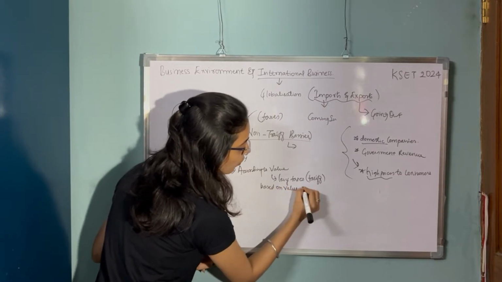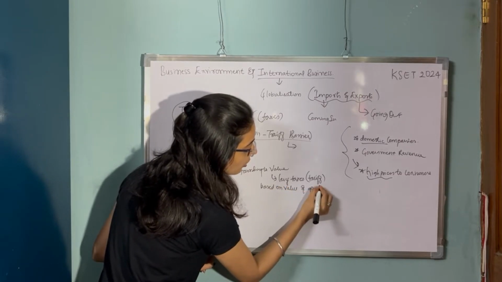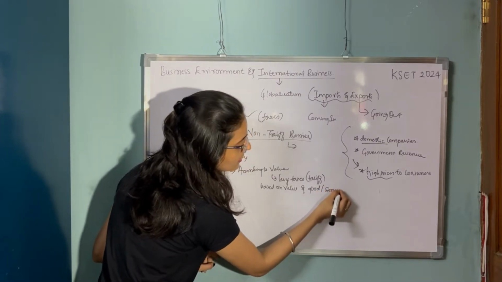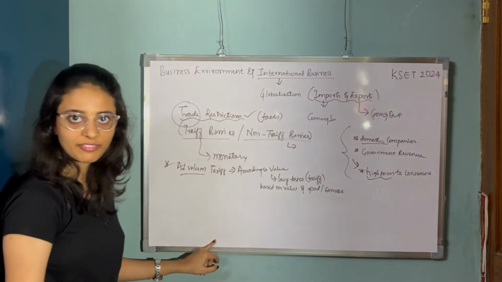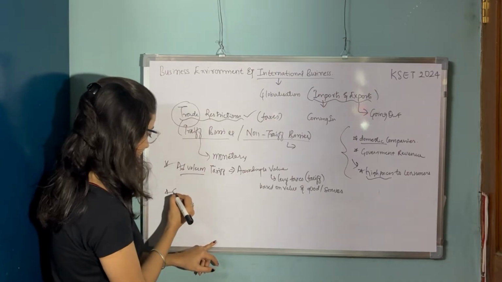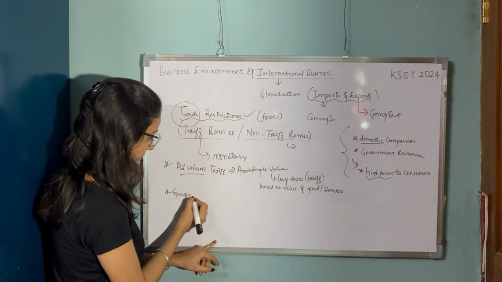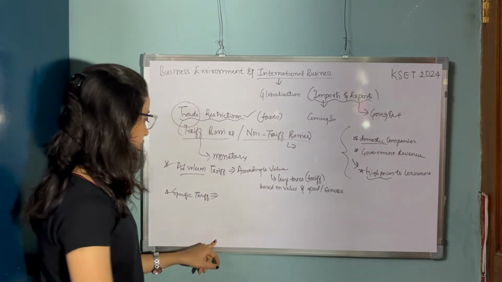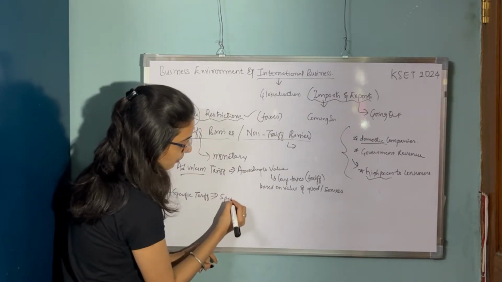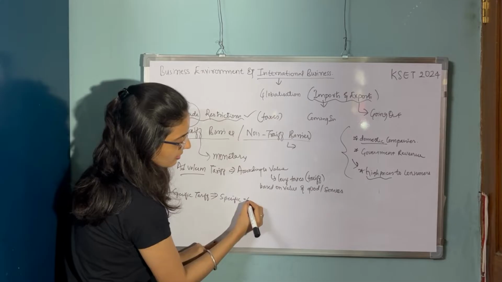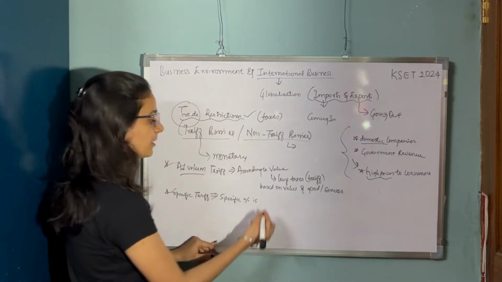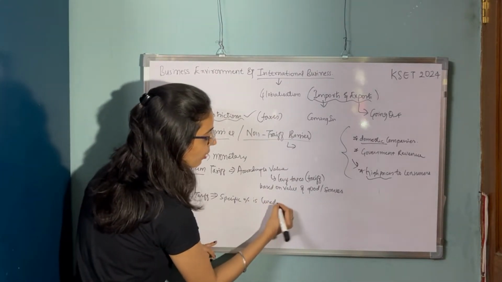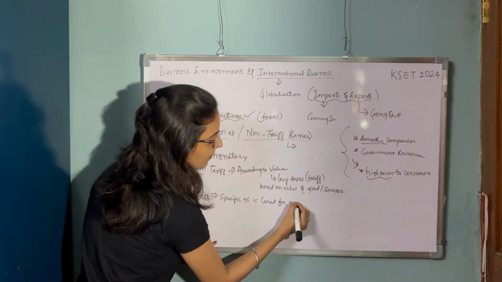Based on value of good or service is nothing but ad valorem tariff, right? Next, there is something known as specific tariff, which means a specific percentage is set. A specific percentage is levied for goods and services.